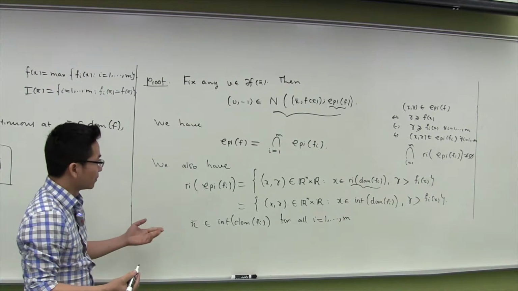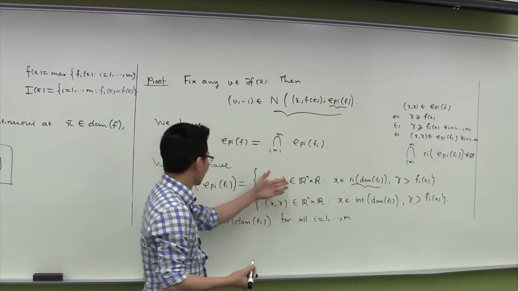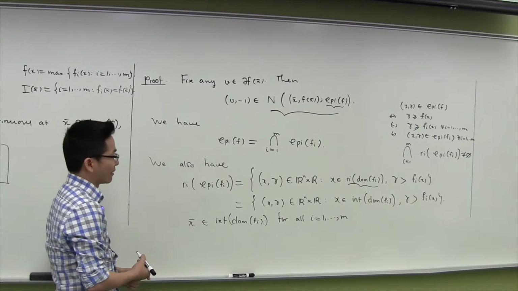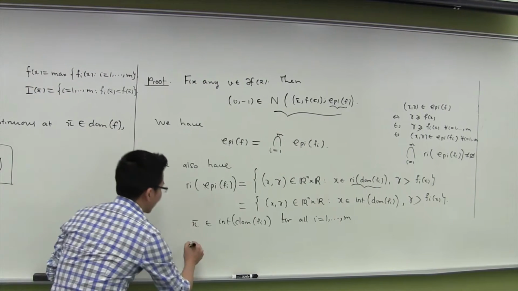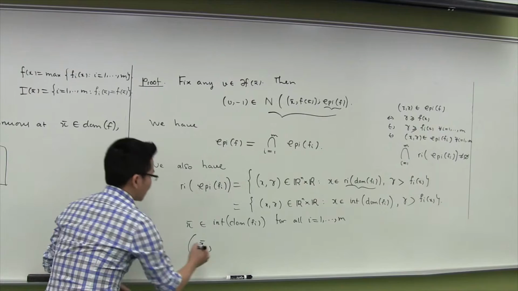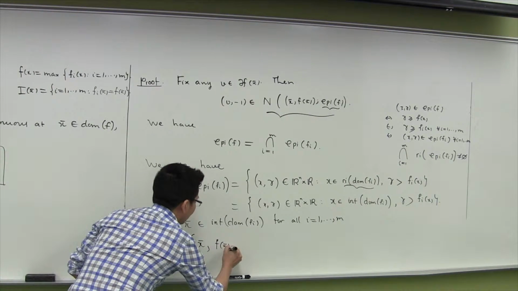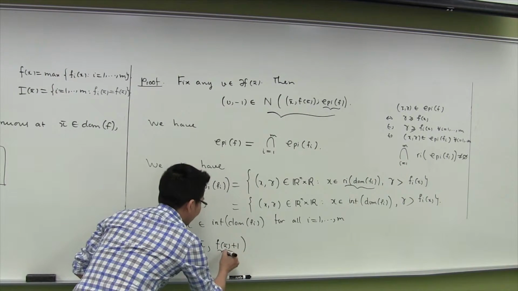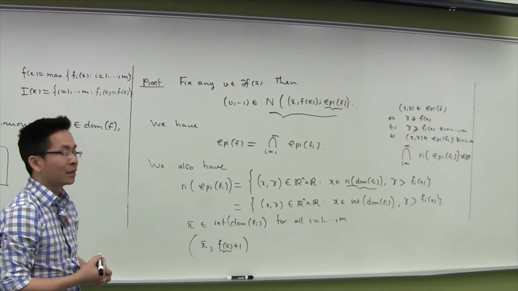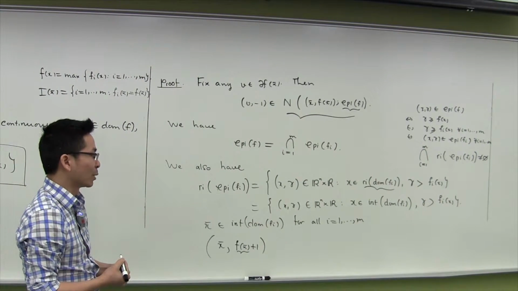So by this representation of the relative interior of the epigraph of each function fi, we can easily see that this element x bar, f of x bar plus 1 satisfies this condition. Remember that f of x bar is the max of fi of x bar for all i from 1 to m.